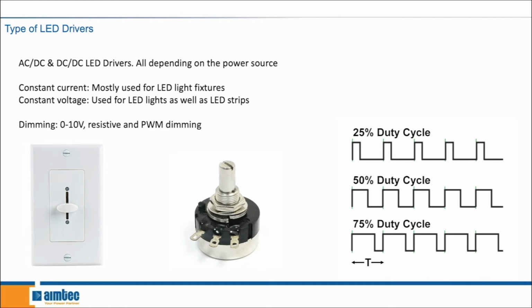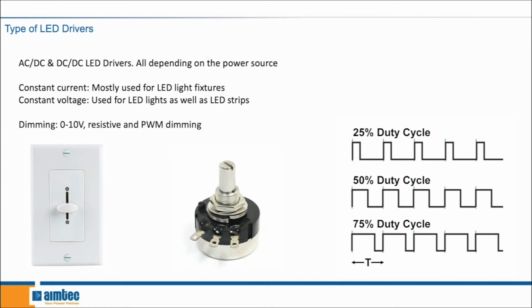Finally, we have the PWM dimming. What's important to understand is that the way the LED driver powers the LEDs is it sends a signal to the LED. And depending on the period of that signal, you will have either a brighter light or a more dim light.